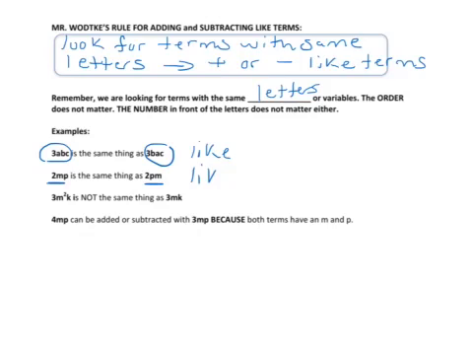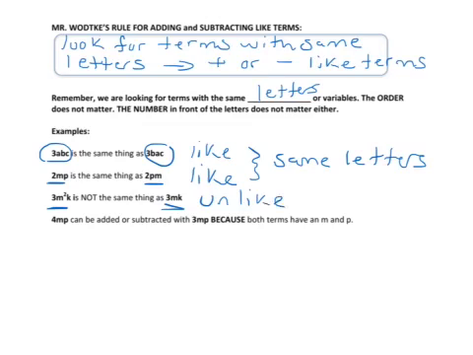So we consider those like because both of these have the same letters, and that's the thing you're looking for. Okay, 3m squared k is not the same as mk because on the first one you have 2 m's and a k, m squared, and on the second one you only have 1 m and 1 k. So these are unlike.